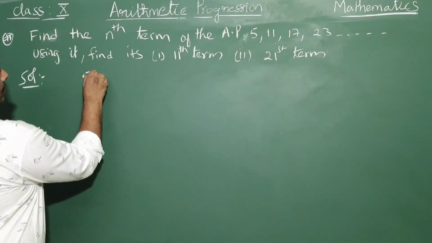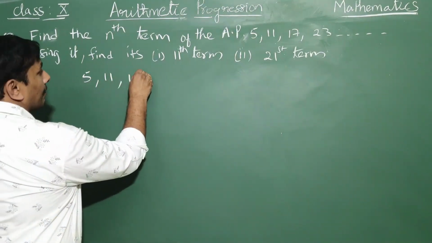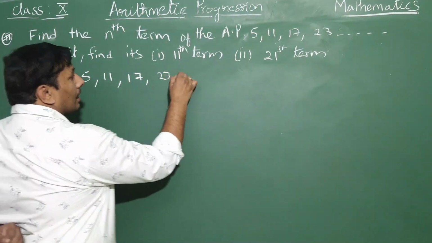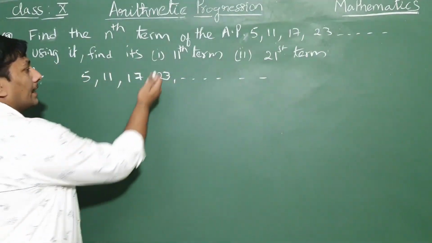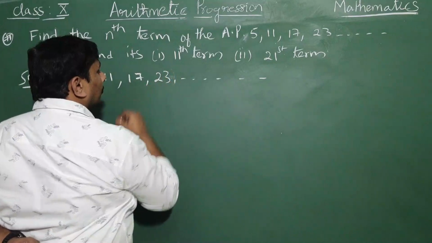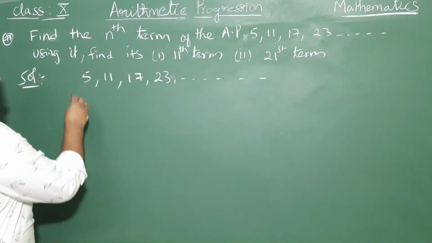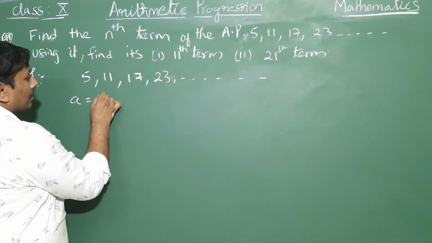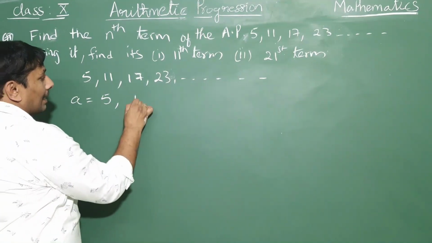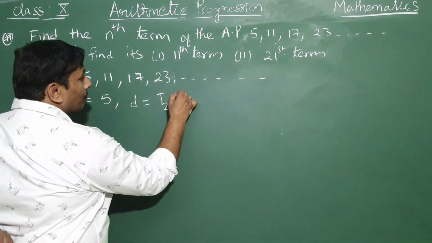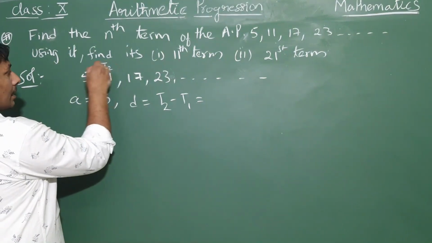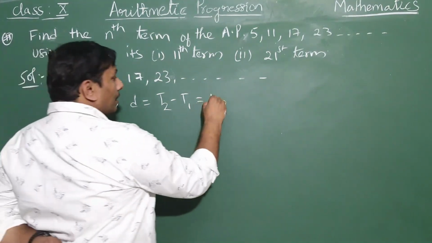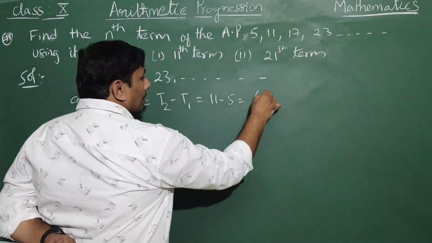So let us write the sequence 5, 11, 17, 23 and so on. Now from this, A is 5 and D is T2 minus T1, that is T2 is 11, T1 is 5, so 11 minus 5, which is 6.